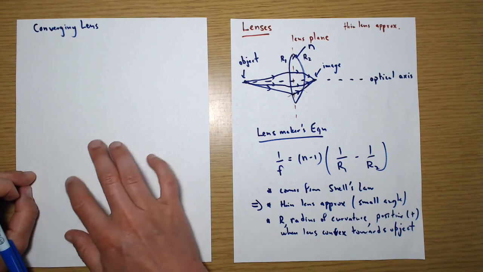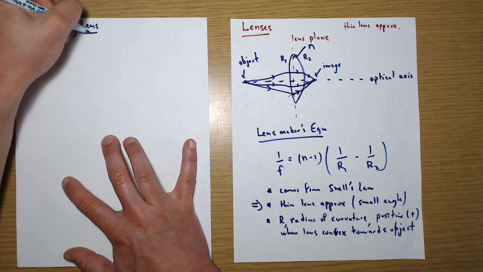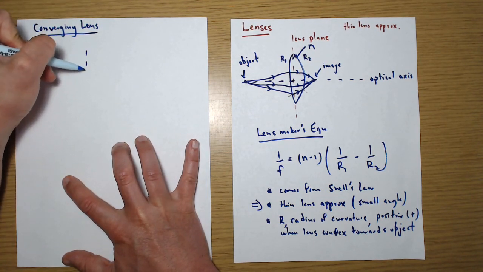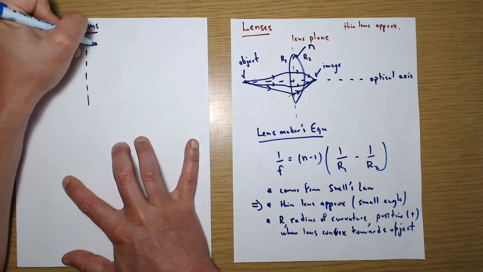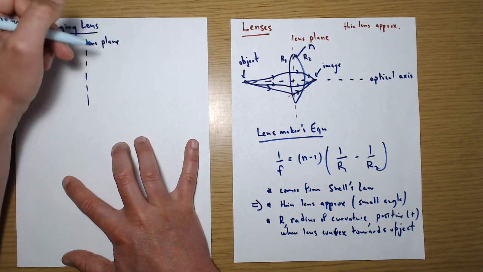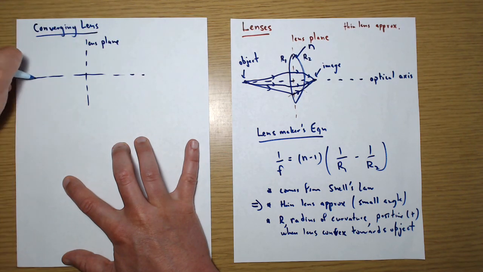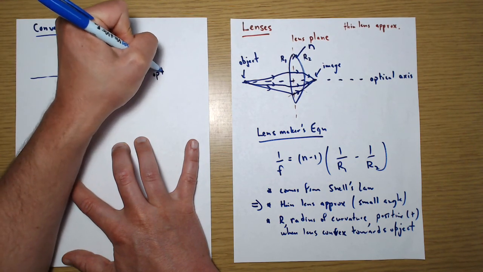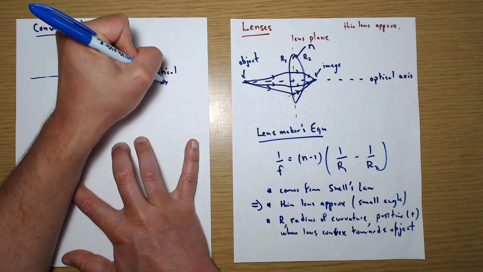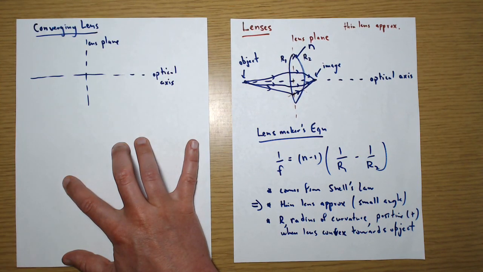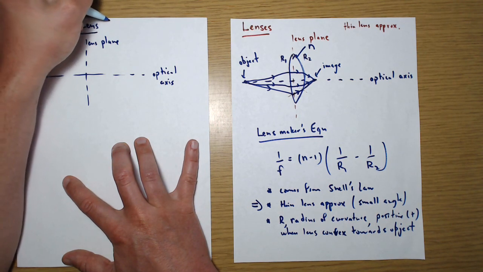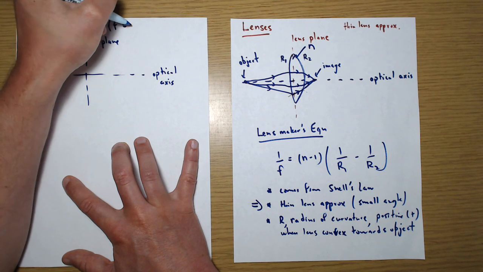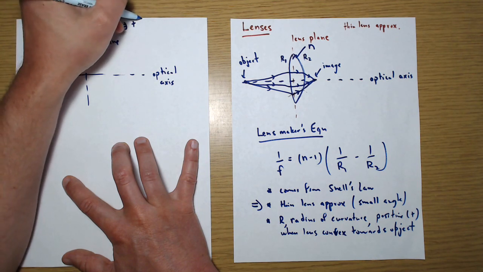Well, a converging lens has a lens plane and an optical axis. This is just going to allow me to center everything on the picture. And for a converging lens, the focal length turns out to always be positive.